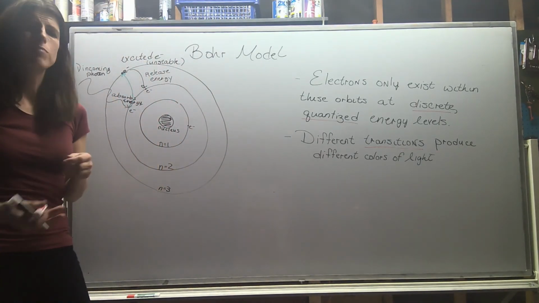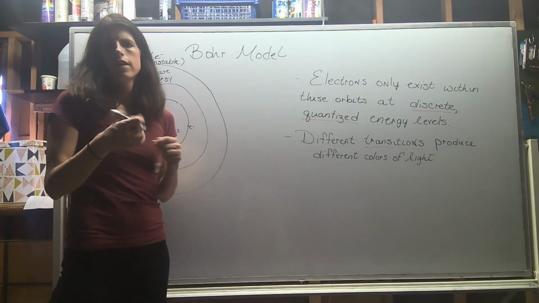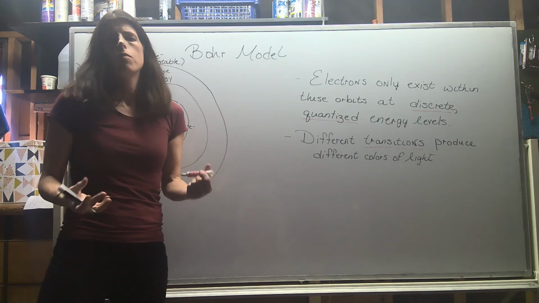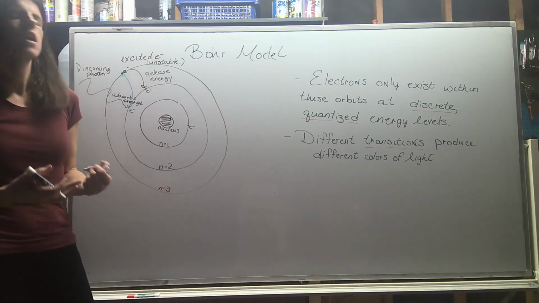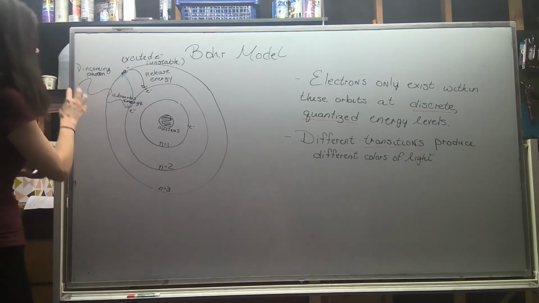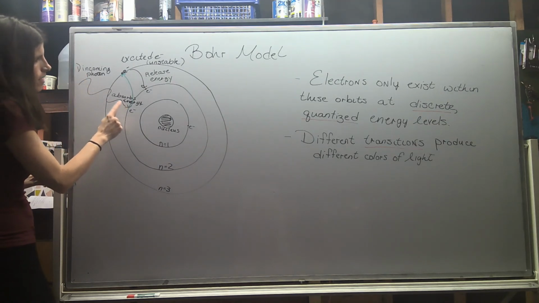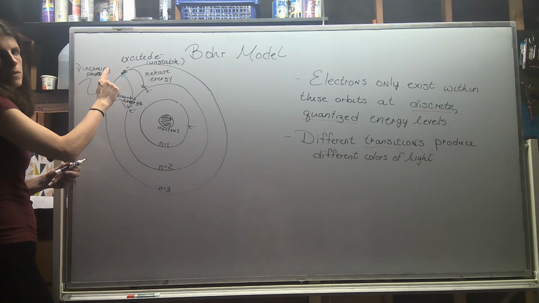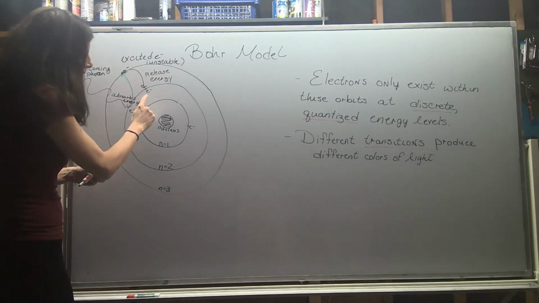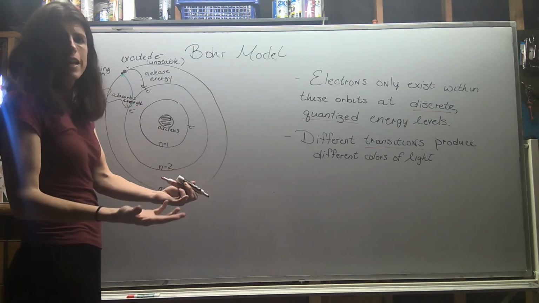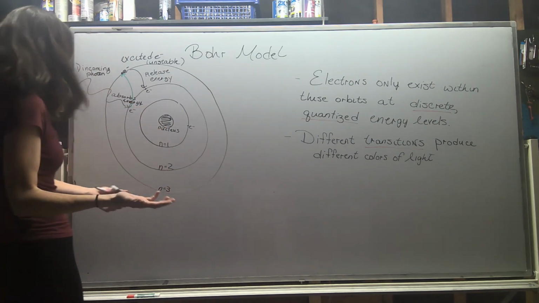And so we have different electron transitions between the orbitals producing different colors of light. And if you've done flame tests where you take sodium and put it in a flame and you see that it burns that orange-yellow color, that's due to the fact that the flame is producing the photons that excite the electrons. And then when they fall back to their original shells, their original orbitals, they release that energy in the form of that orange light.